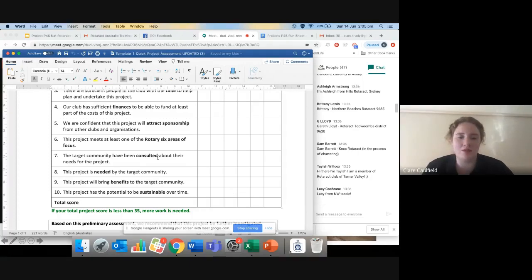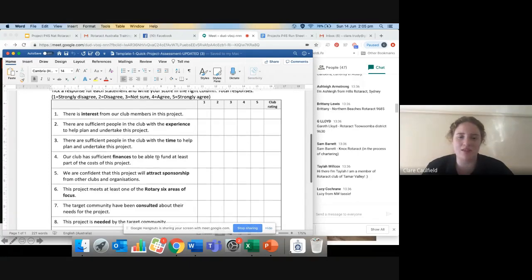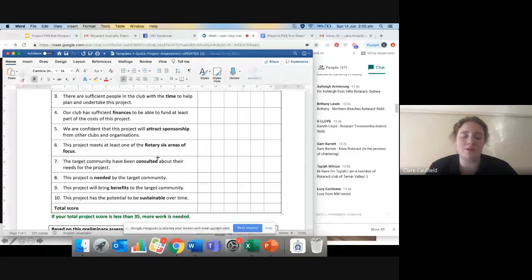And what I like about this document is that you can change any of those statements to suit what your club is all about. So the Rotary 6 areas of focus might not be a big focus for your club, so you could get rid of that. But instead you might put in that your club at the moment is in a membership phase where you really need a lot more new members, or you really need to retain the members that you do have because you've just noticed a bit of a trend.